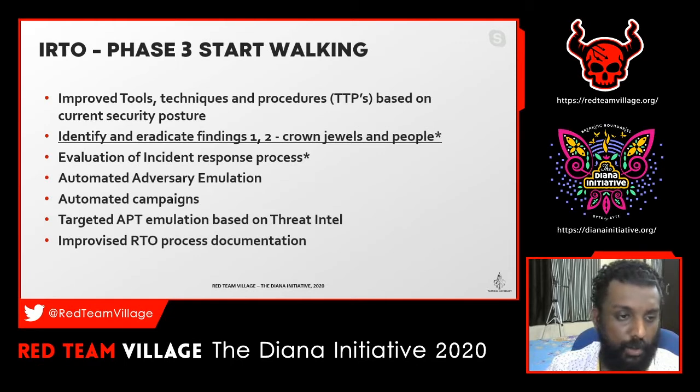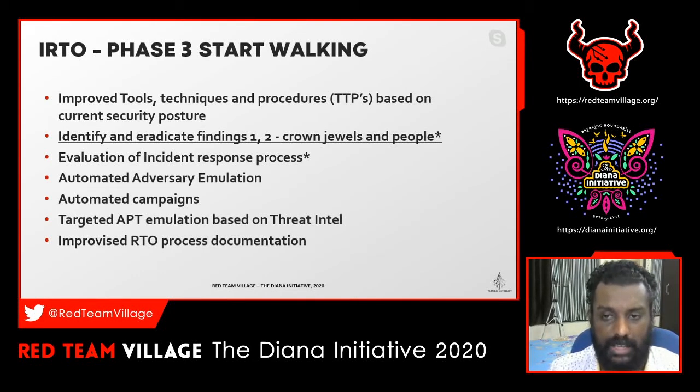Also, using the output of the previous phases, phase 1, 2, and now 3, we can improve and always create new red team operations process documentation. Because from phases 1 and 2, we have learned a lot of things, right? Our company's existing security mechanisms, existing cyber defenses, and security posture.